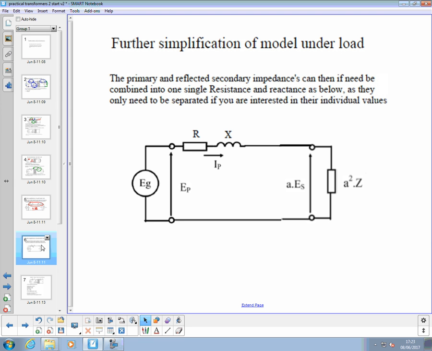So that's the resistance and reactance as below, only need to be separated if you're interested in their individual values. If you're not, then they can be left together. Okay? Anybody totally confused by that? And we'll use that circuit to analyse what our closed circuit conditions are for the transformer and get some values. Okay?